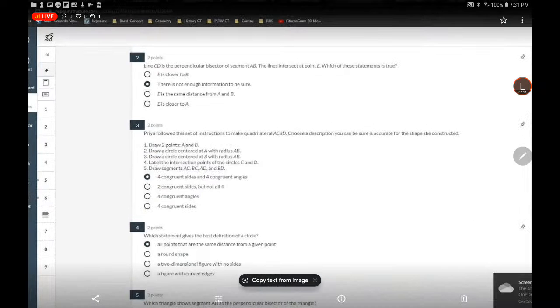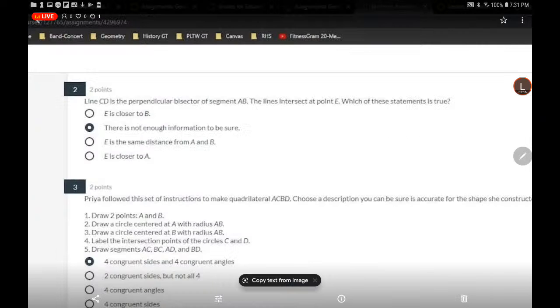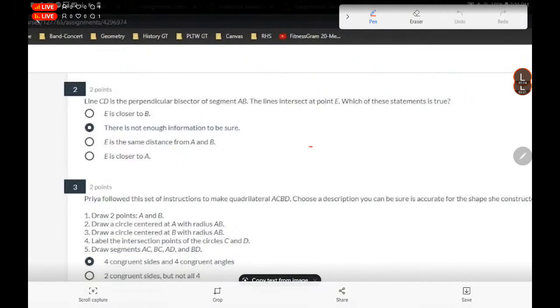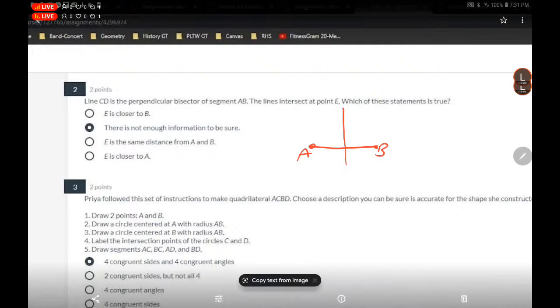Oh, there's three of them here. Line CD is perpendicular to the bisector. So we have segment AB. Then we have line CD is the perpendicular bisector.